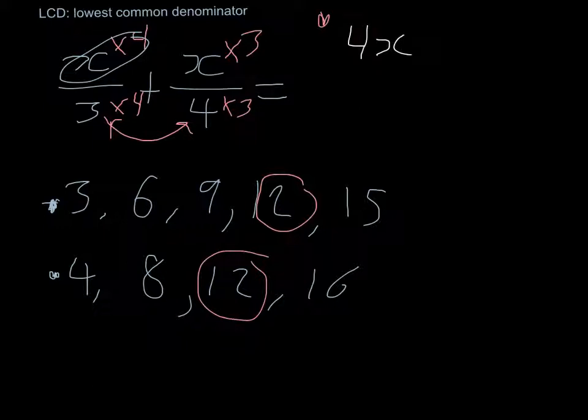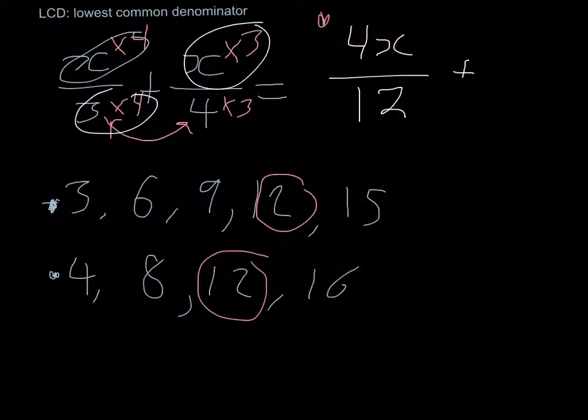You got it, 4x. Over, what's 3 times 4? 4, 8, 12. Well, we already knew that one, didn't we? Plus, alright, what is x times 3? That would give us 3x. And what is 4 times 3? Well, we know that. That's 12.